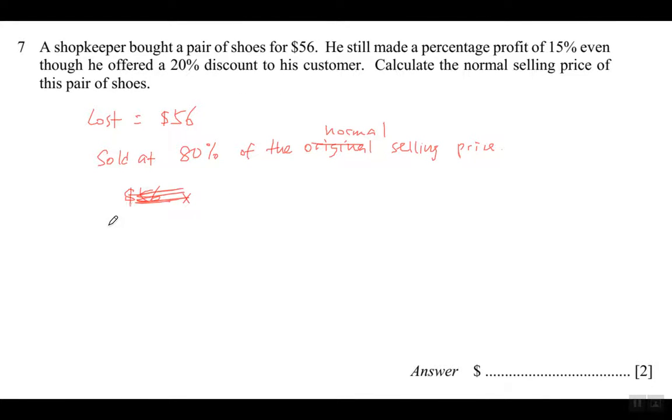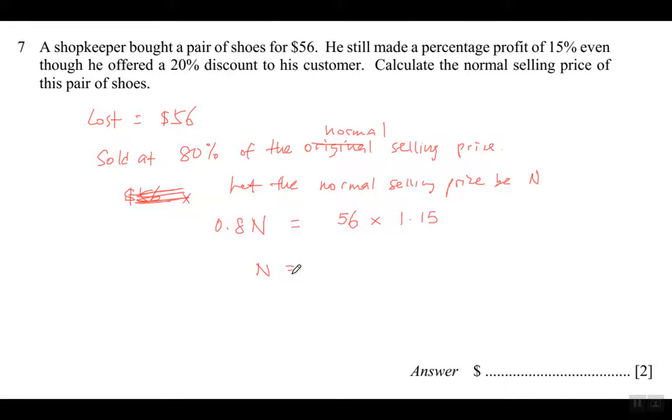And he made a percentage profit of 15%, meaning that, let the normal selling price be N. So 0.8 N equals $56 times 1.15, because of 15% profit.